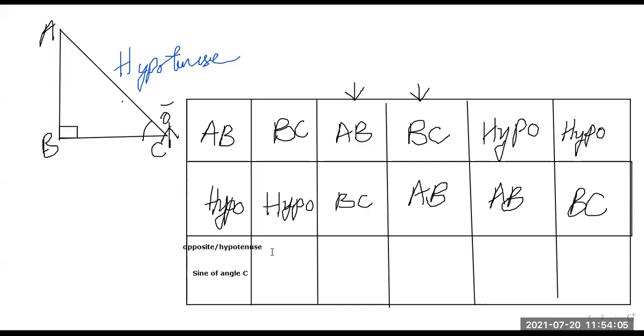ओके. अब यहां पर देखो second combination. What is it? Adjacent by hypotenuse. This is adjacent upon hypotenuse. How do you remember it? इसके लिए भी कोई नाम होना चाहिए. We call it as cosine of angle C. अपन कैसे याद रखेंगे?